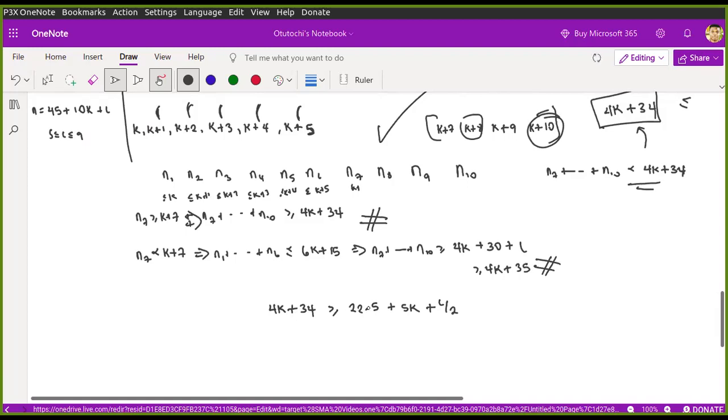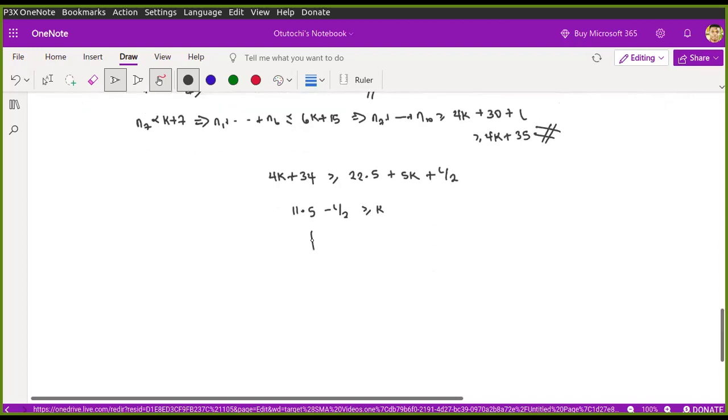So we want K alone. 34 minus 22.5 is 11.5. Then take L over 2 to the other side, so 11.5 minus L over 2 is greater than or equal to K. And that's the same thing as K is less than or equal to 11.5 minus L over 2.